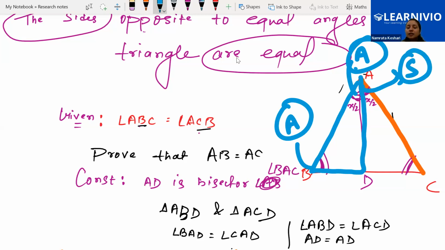Now side angle, there is no congruency criteria which is side angle. And then what about angle angle side? Is it there? Yes or no? Yes, ma'am. So we are able to prove these two triangles congruent with the proper criteria, and hence side AB and side AC are nothing but corresponding parts of the congruent triangles. Yes or no?